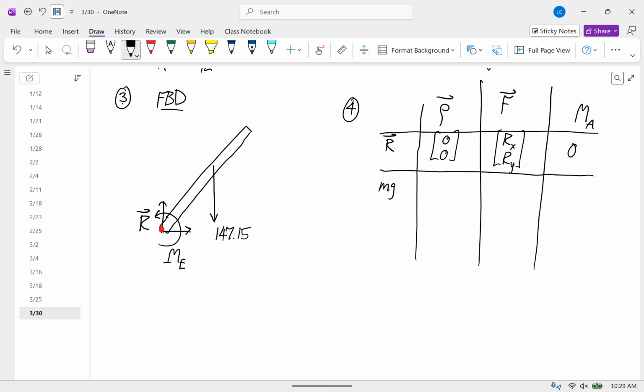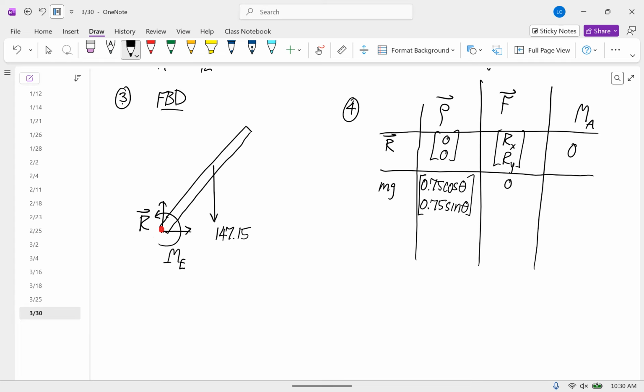So we're going from the red dot to the center of mass. The distance is 0.75, so it's 0.75 times the cosine of theta, 0.75 times the sine of theta.